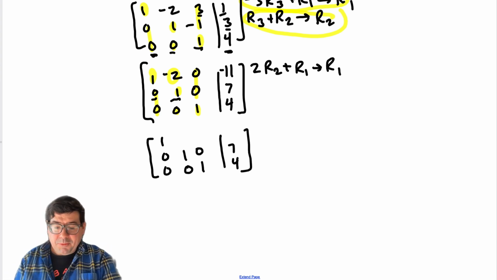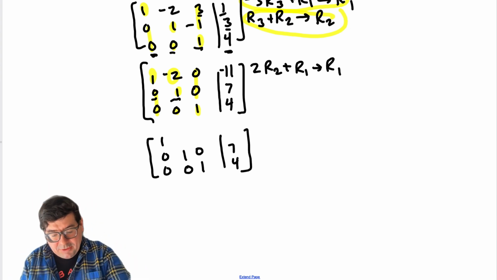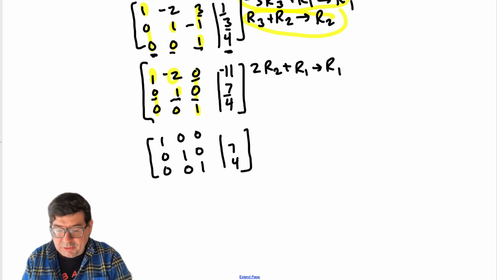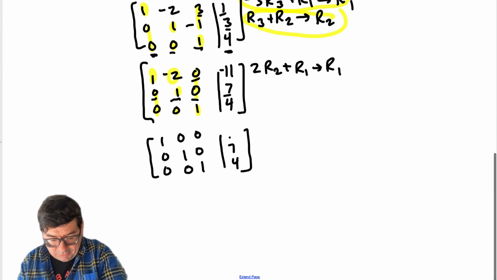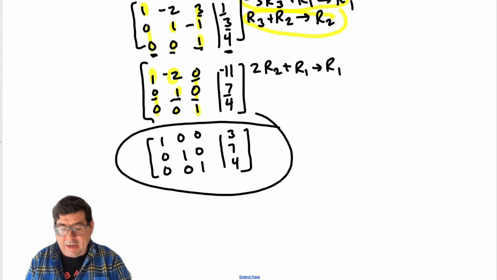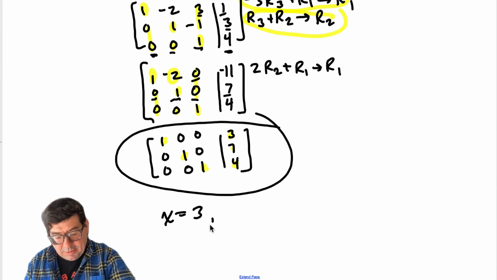When we do 2 times 1, that's 2, plus -2 is the 0 we need, and these zeros, nothing's changed. Finally, we have 7 times 2, which is 14, 14 minus 11, which is 3, and we're finished. We now know that x is 3, y is 7, and z is 4. So that's our solution.